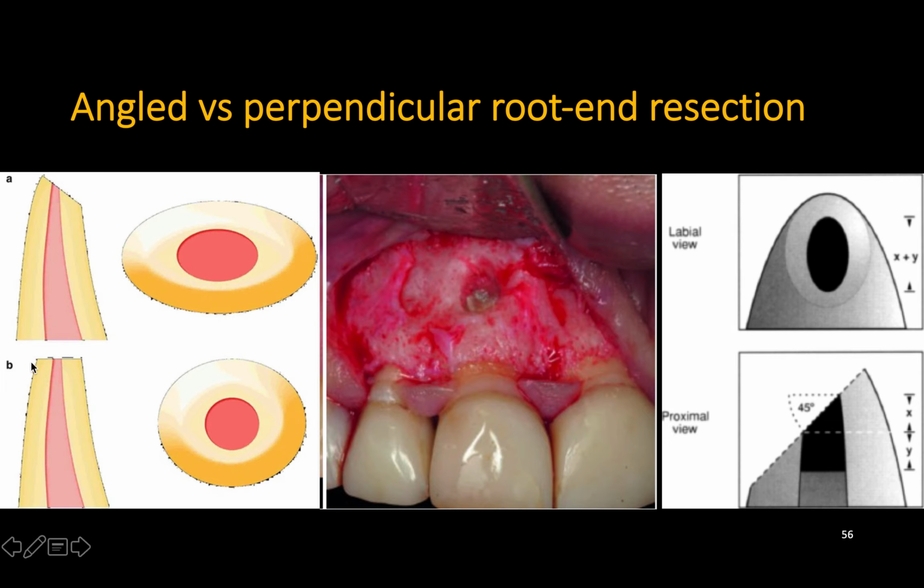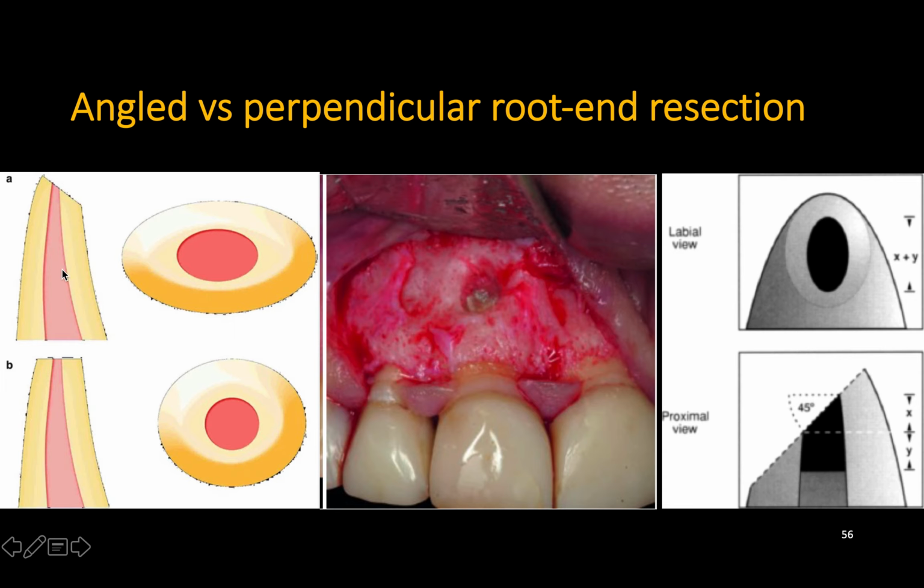Because when you resect the root end perpendicular to the long axis of the tooth, the number of the dentinal tubules exposed to the periodontium will be less, okay? And you know that even if we do our best to clean the root canal, regardless of how thorough we were, we won't sterilize the root canal, okay?